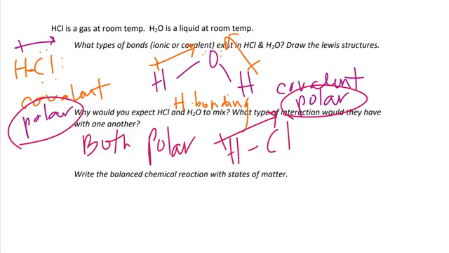So we're going to have my HOH because of this line. We're going to see this line up where my slightly negative chlorine is going to be attracted to that slightly positive H. And then this oxygen, which is slightly negative, is going to be attracted to the H on my HCl.